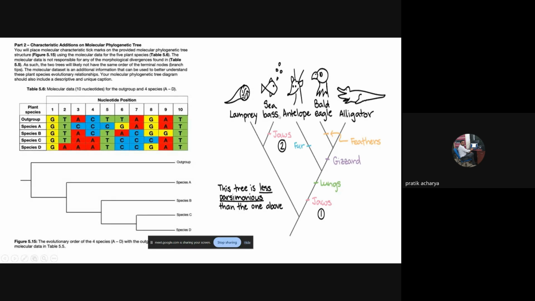If we are talking about sea bass, they have jaws. That's why, being aquatic, they are differentiated in this manner. Like this, so many other examples we can cite from different sources in our copy. So this is the basic idea of how we form the phylogenetic tree.